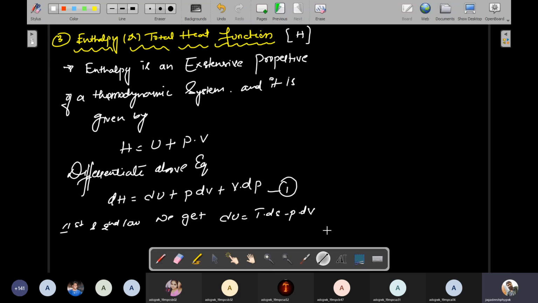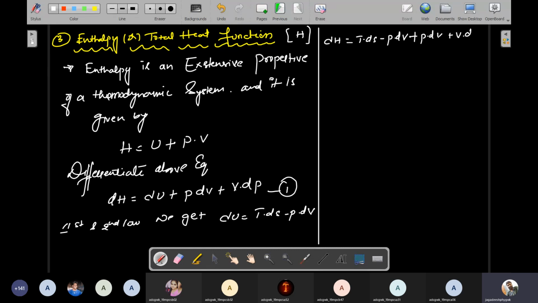So dH = dU + P dV + V dP, which is equal to T dS − P dV + P dV + V dP. We cancel the P dV and the minus P dV.